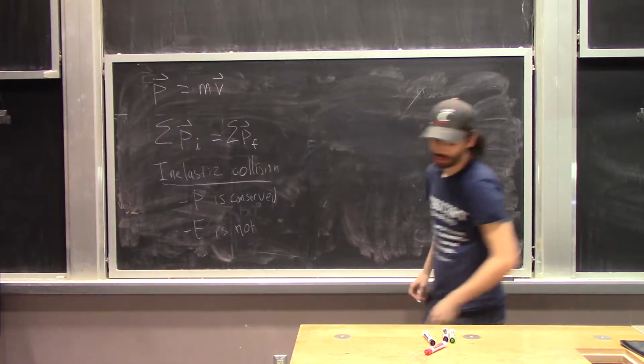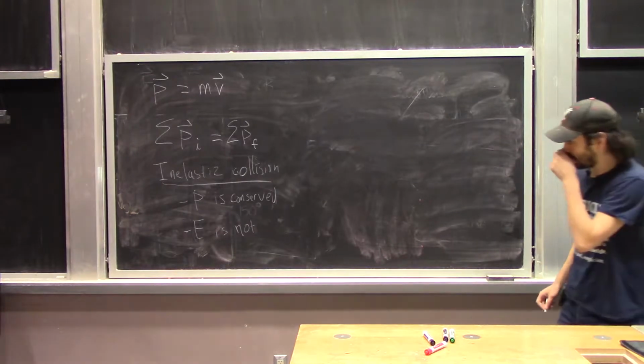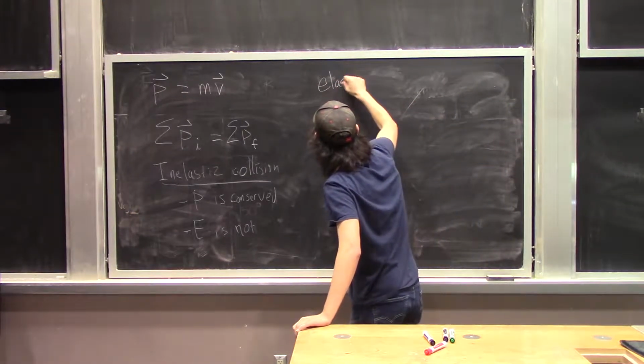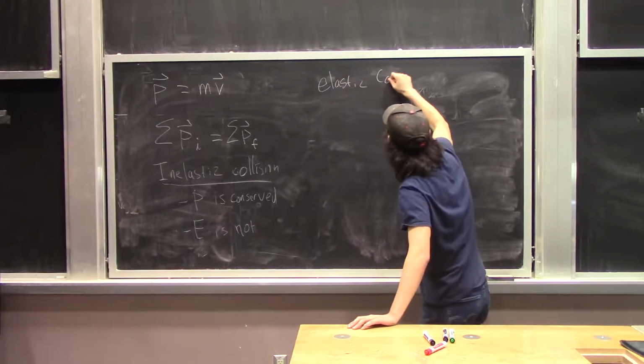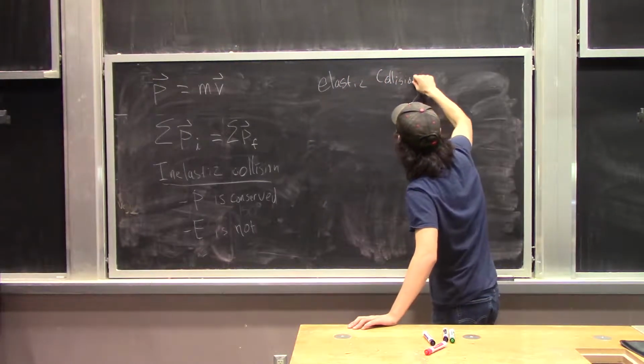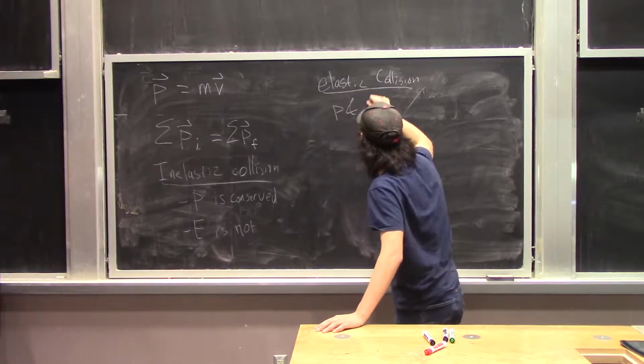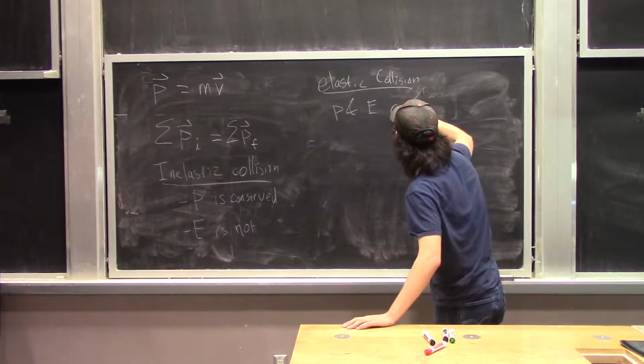And we also had the elastic collision, the perfectly elastic collision, in which case the momentum and energy are conserved, so P and E are conserved.